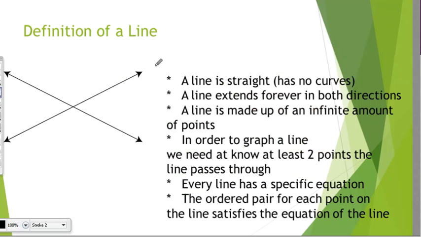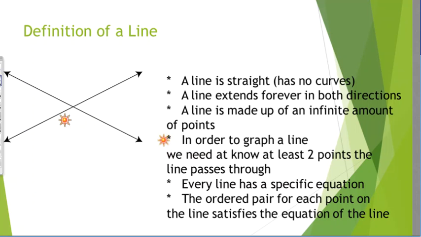When we talk about lines, I know you guys have seen this definition of a line a number of times. We know that a line is straight, that it extends forever in both directions. It's made up of an infinite amount of points. In order to graph a line, we need to know at least 2 points the line passes through.